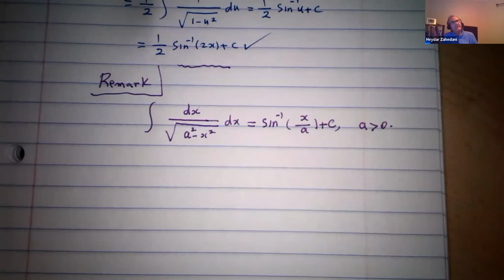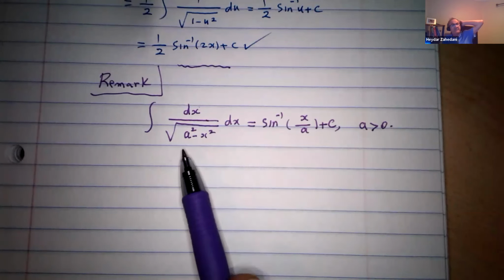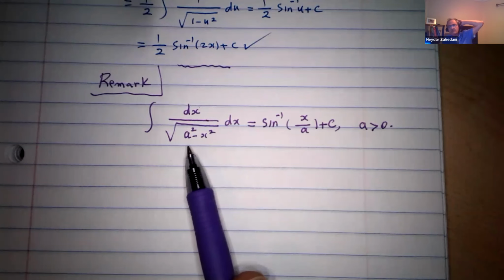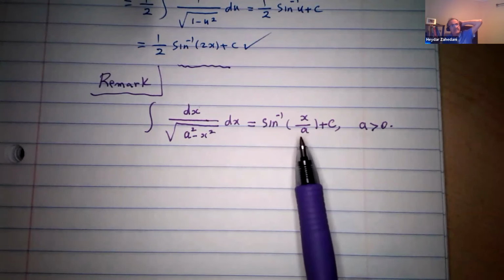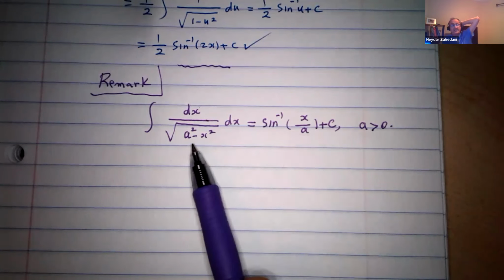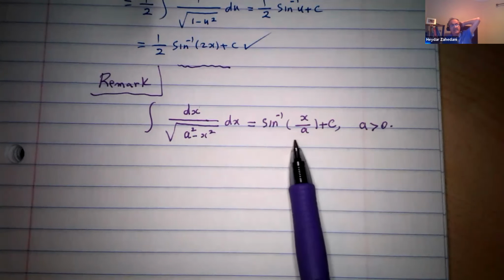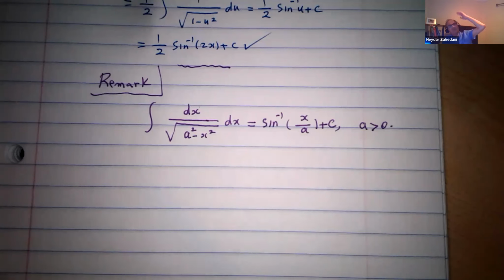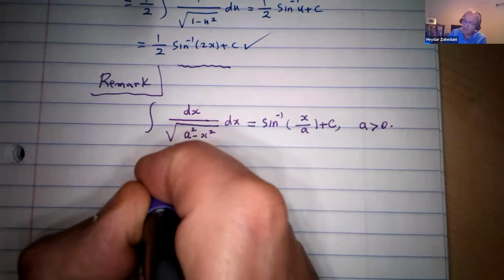You see? That's a much more general formula. The one that we did, a was equal to 1. If a is equal to 1, that gives a sine inverse of x. So if it's anything else, you call it a squared, you take the square root to get your a, then you put it here. We give you the formula so you don't have to factor it and do it. And of course, it can be in the u form.